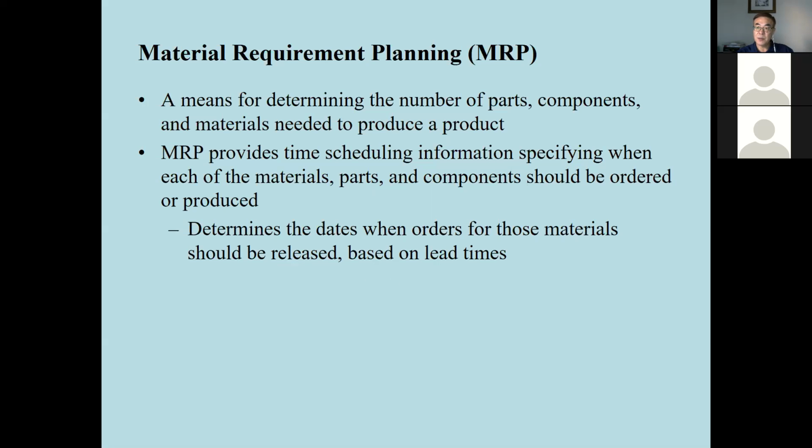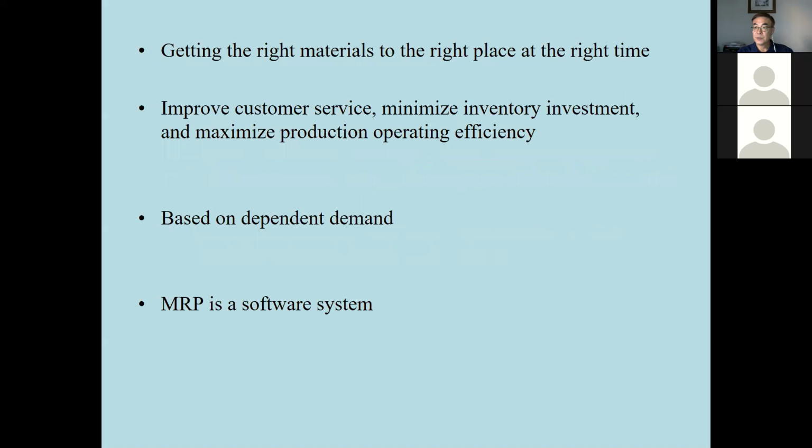Using this MRP system, run like a software program, we can determine how many parts, what kind of parts, when to use them, and when to place orders. The purpose of the MRP system is getting the right materials to the right place at the right time.